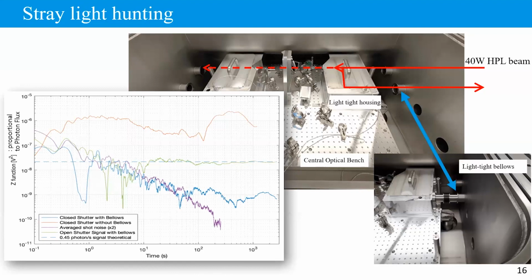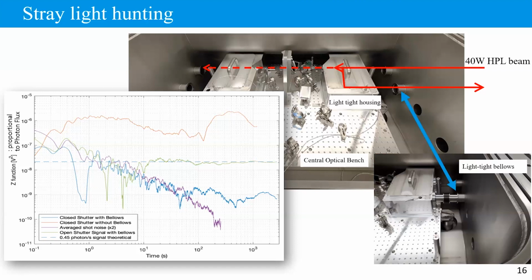It means that here we have a shutter which is our wall, so we can open and close it remotely. We close that and now measure on the regeneration cavity side, on the detector, and we see that it has a certain level.